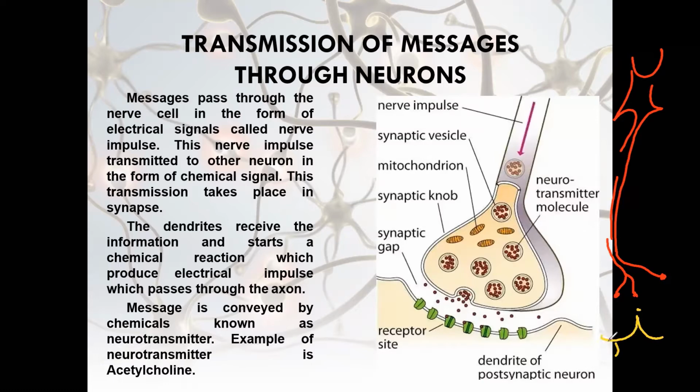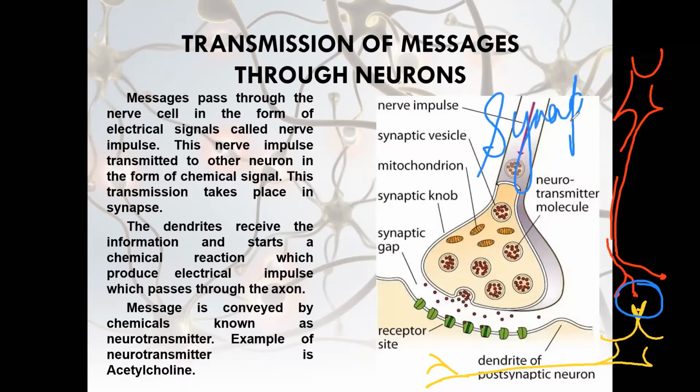These are the dendrites of another neuron, and here are the nerve endings for the same. There is always a gap between two neurons, and that gap is known as the synapse. Messages are conveyed from one neuron to another through this.